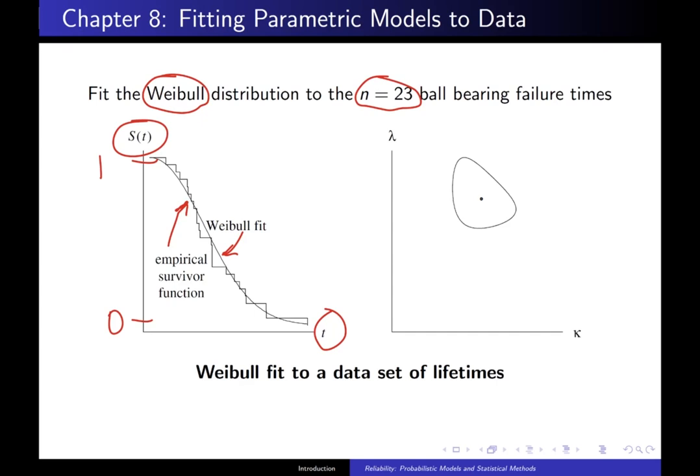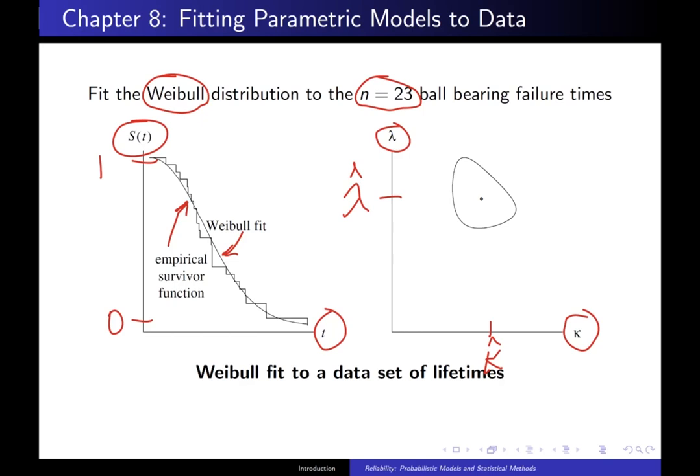The graph on the right has lambda, which is the scale parameter on the vertical axis, and kappa, which is the shape parameter on the horizontal axis. The dot that you see in the middle there is the maximum likelihood estimator, and that is lambda hat, kappa hat.